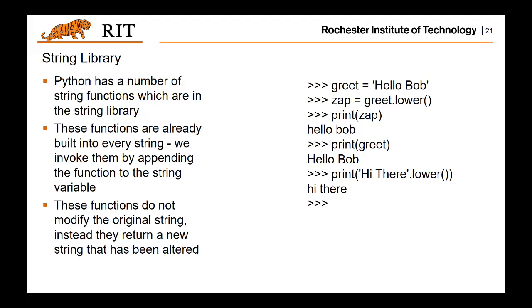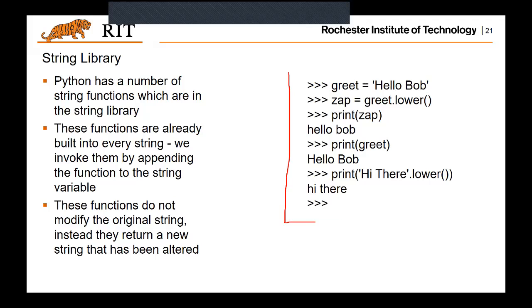These functions do not modify the original string, but instead they return a new string. If you look at the code over here, we have a string greet, and "hello Bob" is the string.